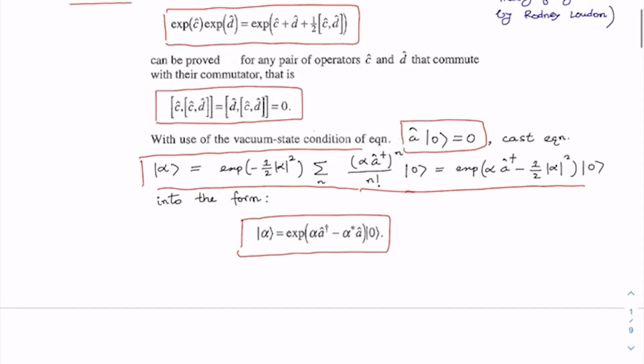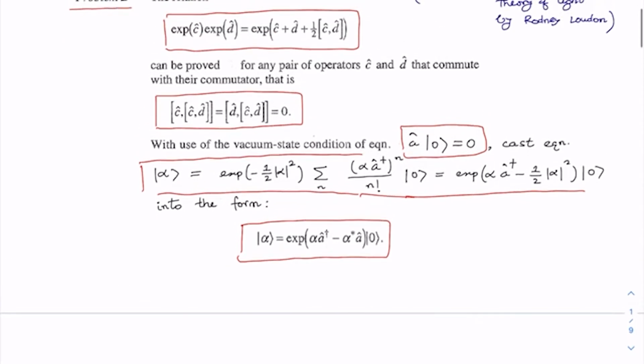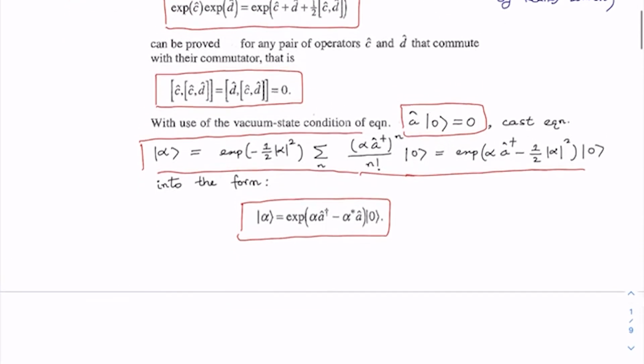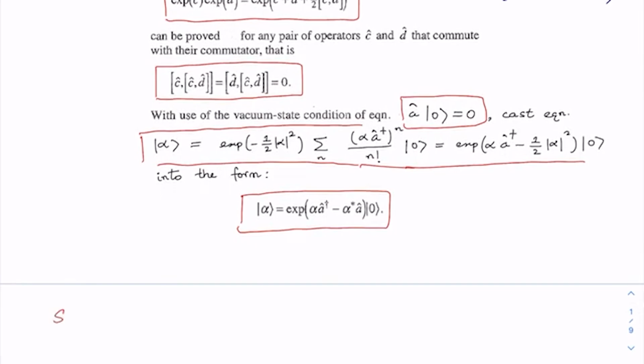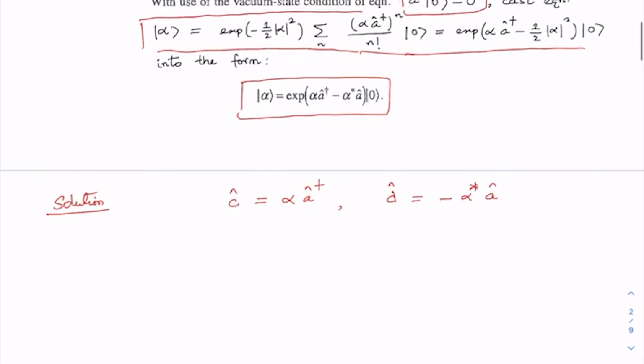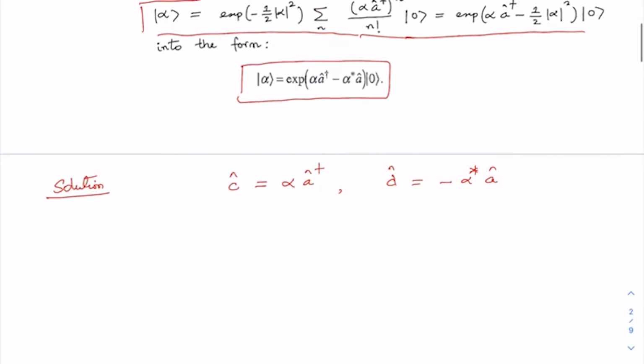First of all, let me choose operators C and D appropriately. Let me take C to be equal to, say, alpha A dagger and D to be minus alpha star A. Let us first check whether this choice is alright or not.